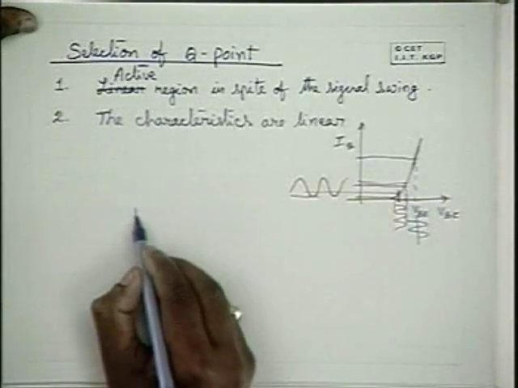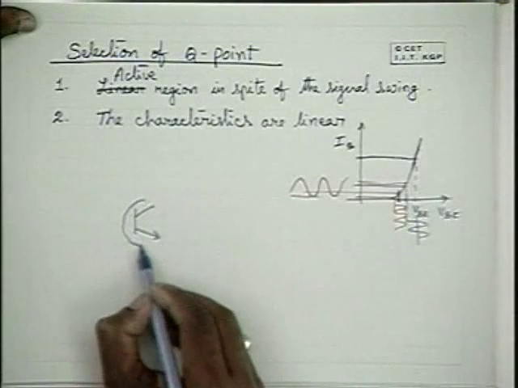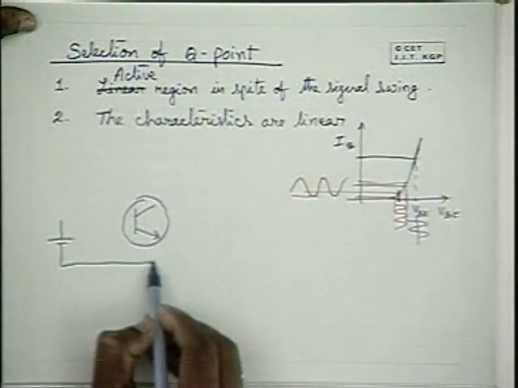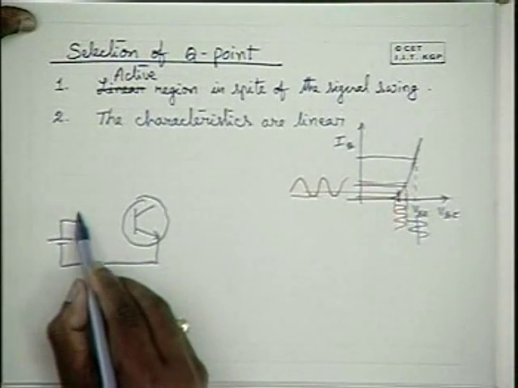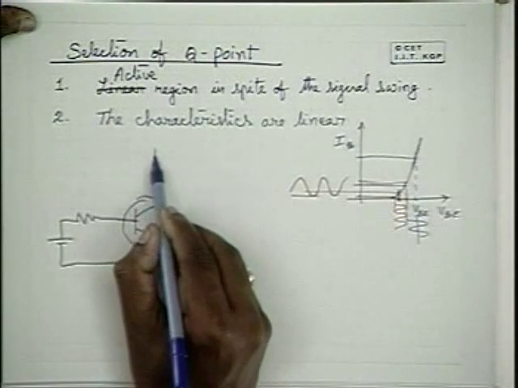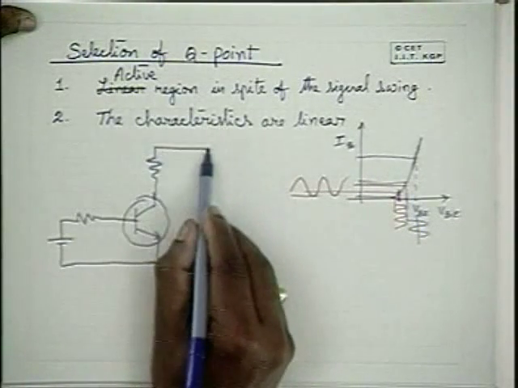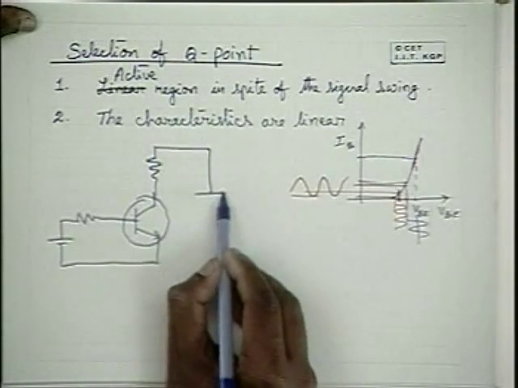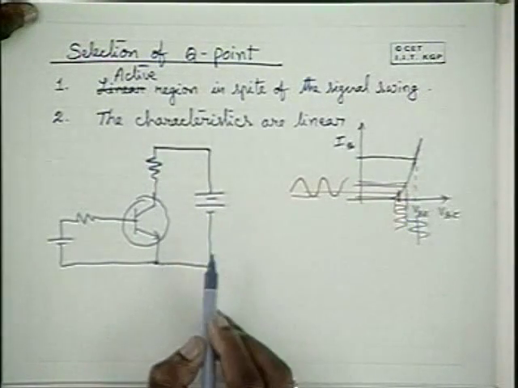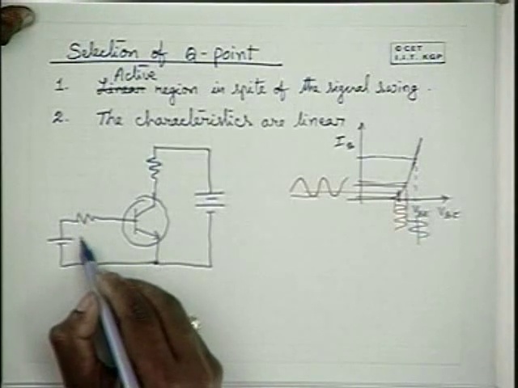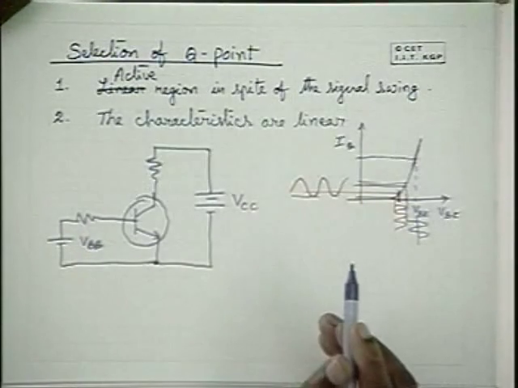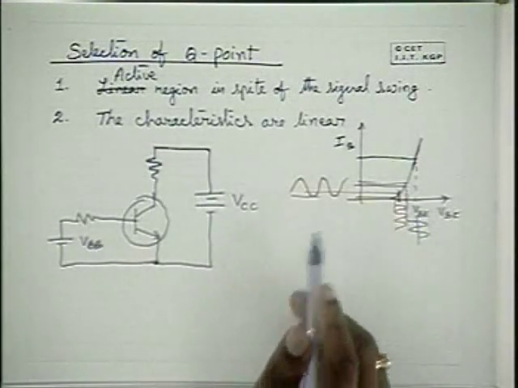We have seen that with one source for the base to emitter junction, and with another source between the collector and emitter, we can provide biasing with this kind of arrangement.